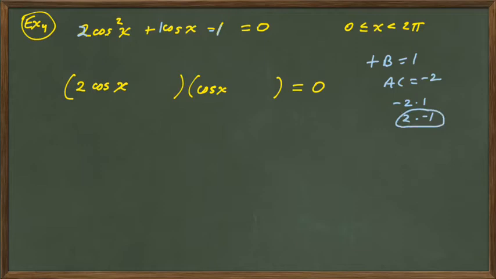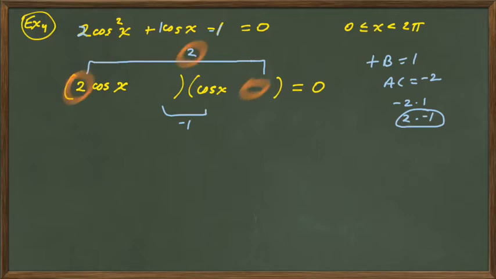Which one adds to 1 would be 2 and negative 1. Because A is not a 1, you have to connect your outsides and your insides. 2 and negative 1. 2 times what is 2? Well, that would be a positive 1. 1 times what is negative 1? 1 times negative 1 is negative 1.